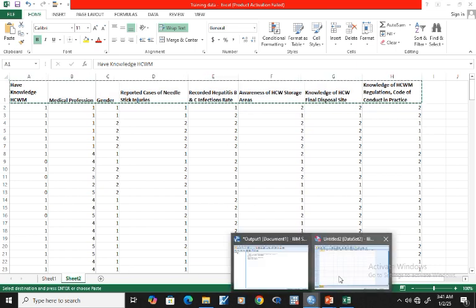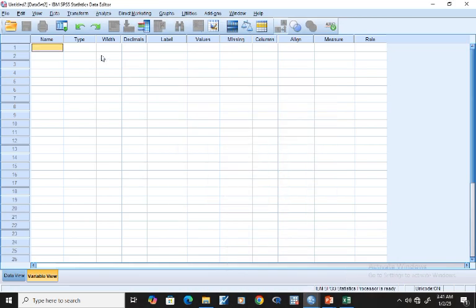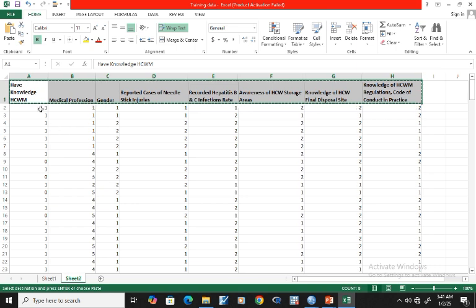We'll move to the SPSS environment and go to label. We'll try to paste each of them. I've just copied all.